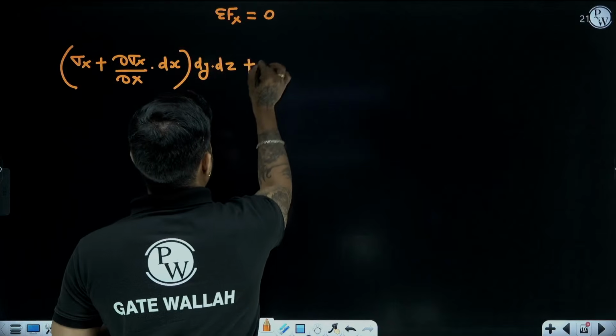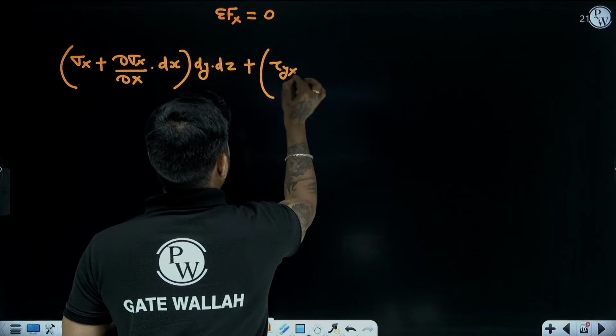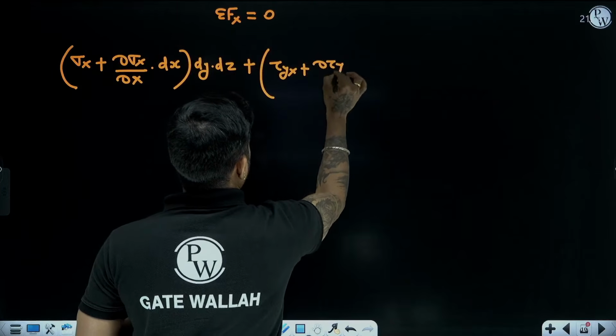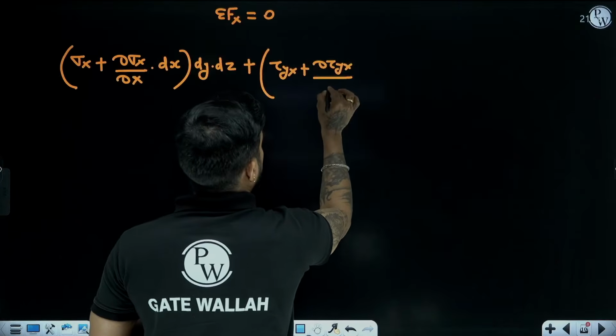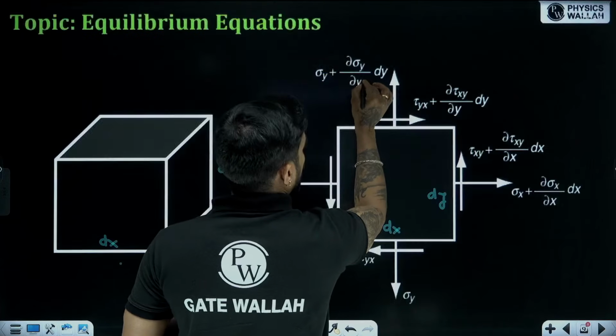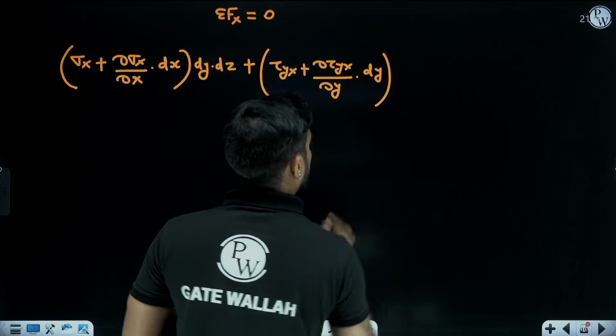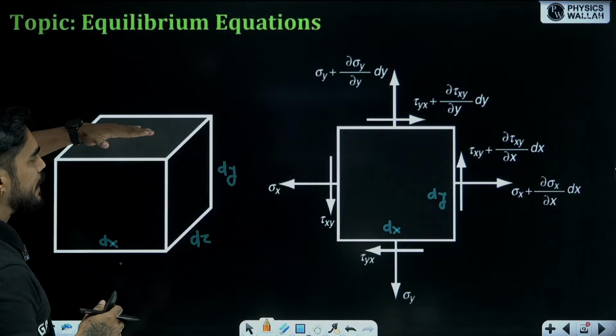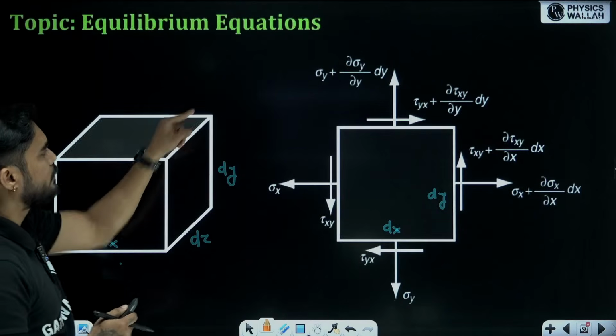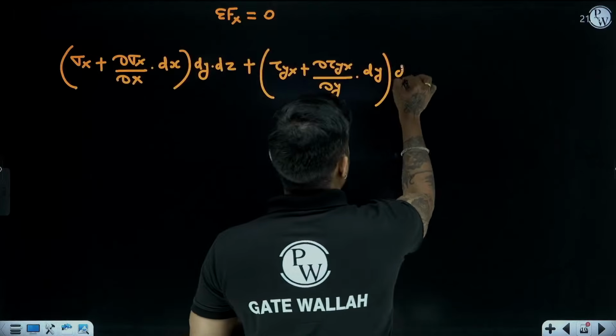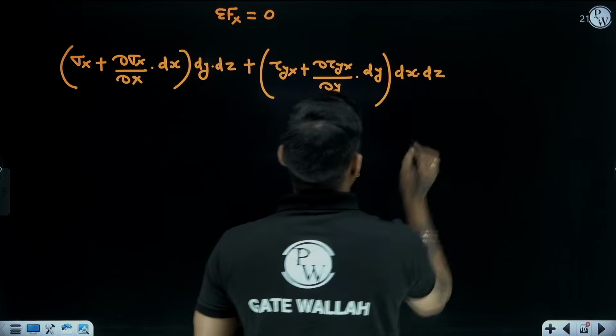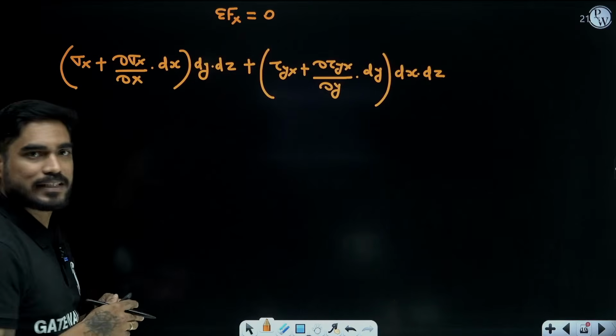So this is tau yx plus dou tau yx by dou y into dy multiplied by the area on which it is acting, which is dx into dz. So these two forces are in positive x direction.